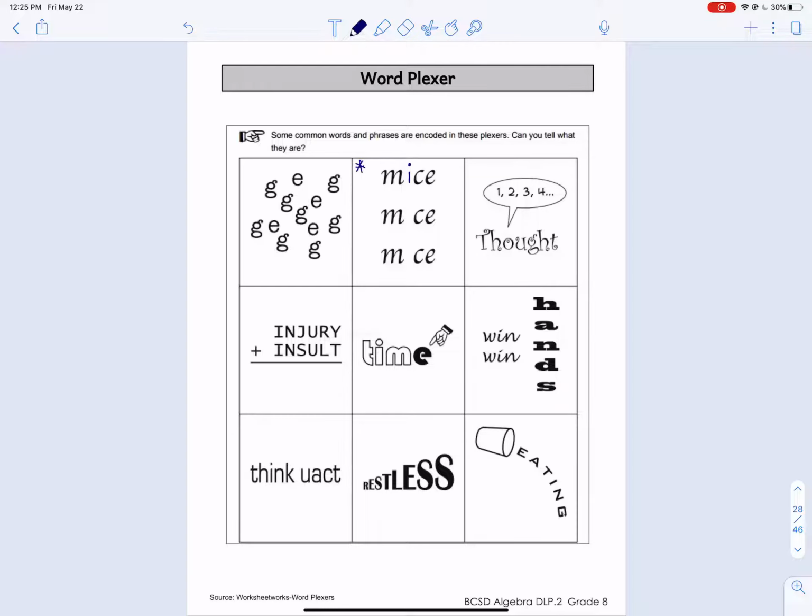Okay, so 3 mice. All right, well, we know the phrase or the story, 3 blind mice. Now why blind? Because they're missing their eyes, right? So this is the word mice without the eyes. So if you have no eyes, you're blind. Okay, so 3 blind mice.